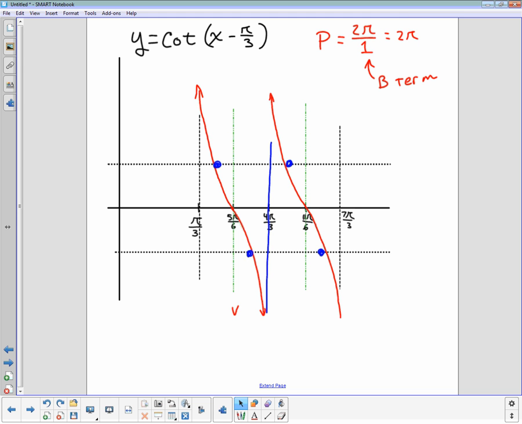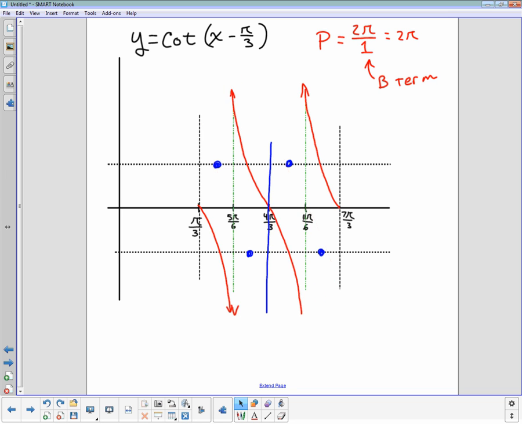There you go. Wait, hold on. I want to make sure I've got my yeah. That's it. Sorry. That's it. There's your cotangent. Okay, so tangent and cotangent look very much alike.